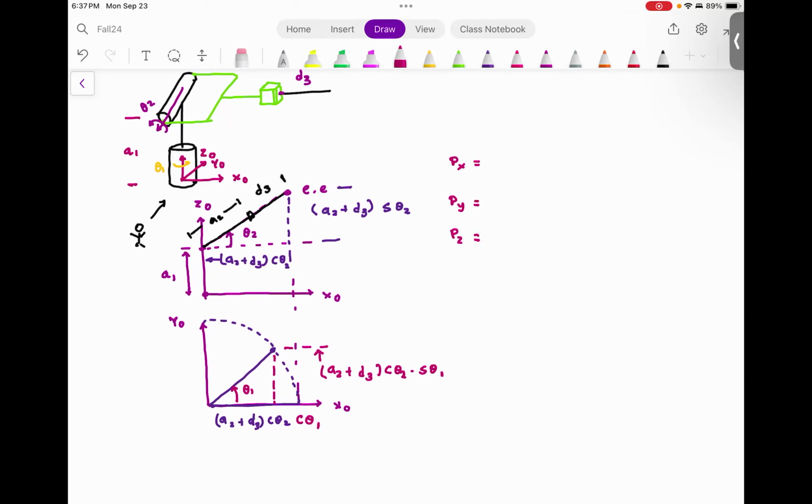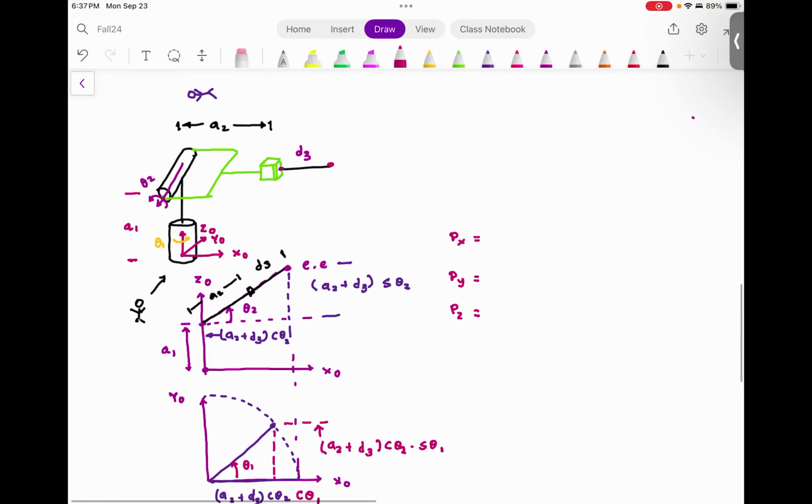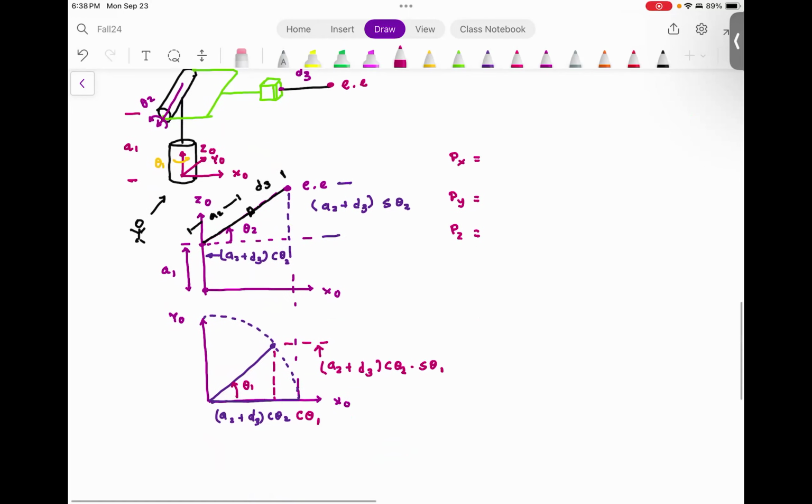Remember, Px, Py, Pz are the distances from the zeroth frame or the inertial frame. So I want to find out where my end effector is with respect to x0, y0, and z0. Everyone understood this?